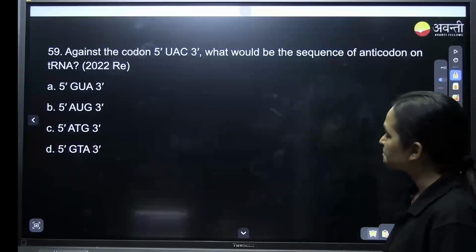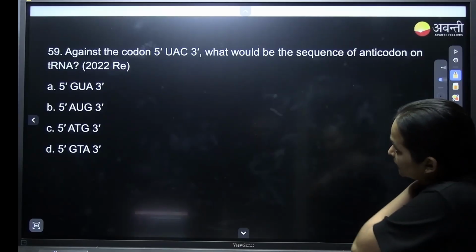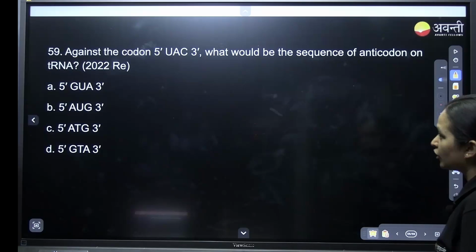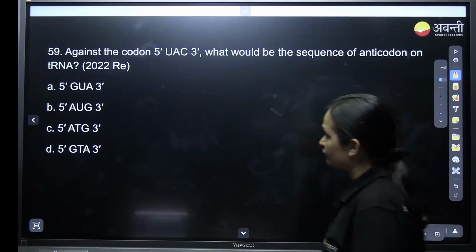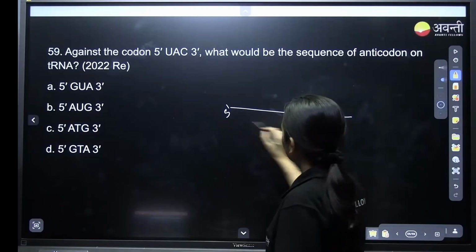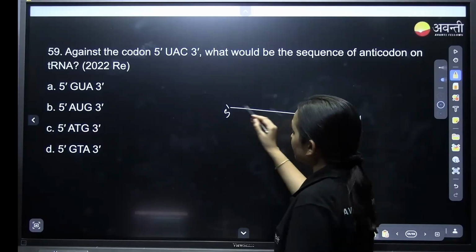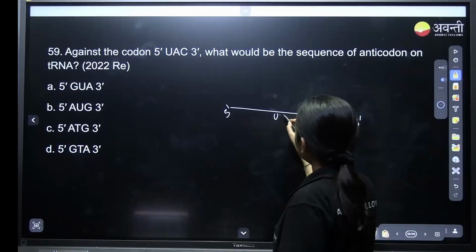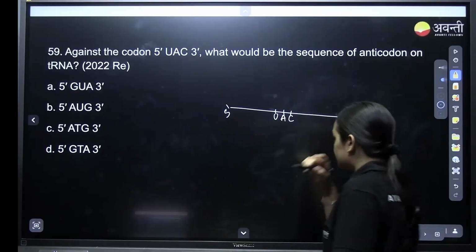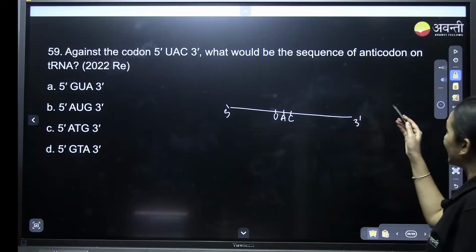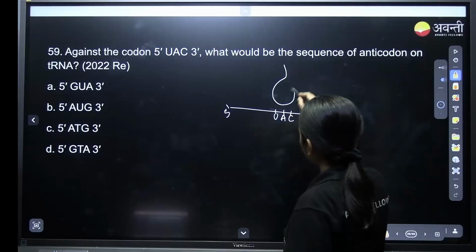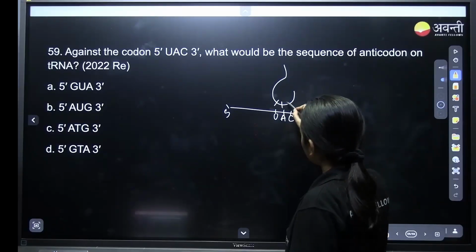Against the codon 5' to 3', that is UAC, what would be the sequence of anticodon on the tRNA? mRNA का कोड है from 5' to 3' में. Against the codon UAC, codon है. Okay, this is mRNA का UAC. What would be the sequence of anticodon of tRNA? tRNA जब आएगा तो what is the code?